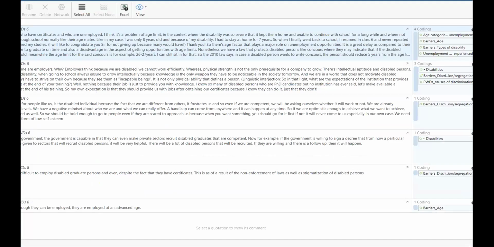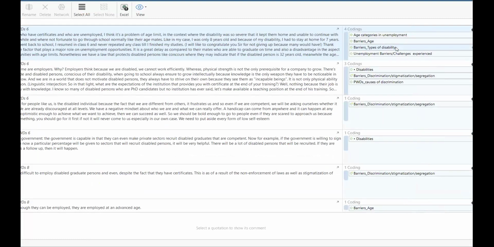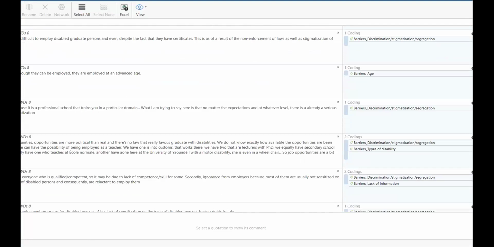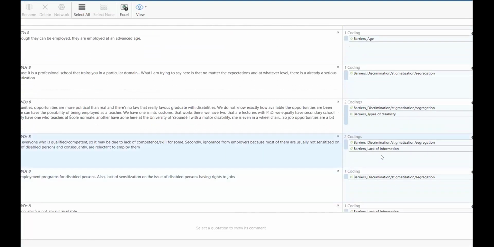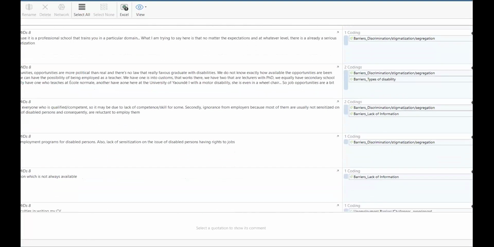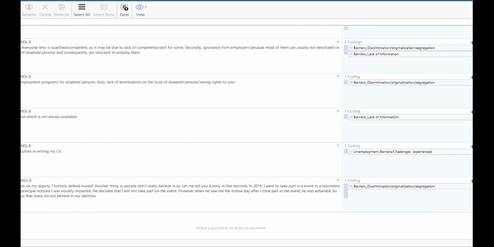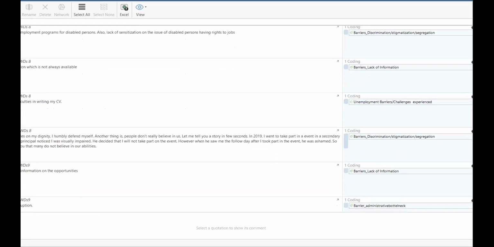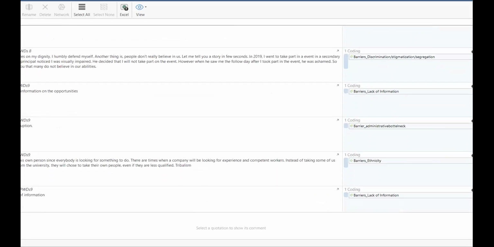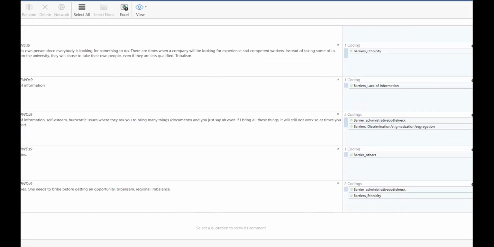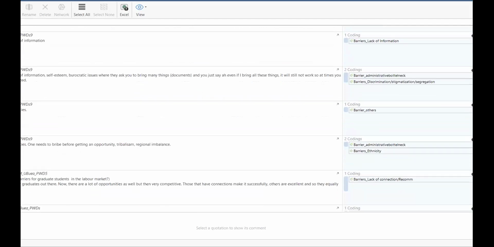of barrier looks like. So under barrier, we have age. If you look here, we have age, we have type of disability, we have unemployment itself as a barrier, we have disability, we have discrimination, we have discrimination again, we have age as a barrier, we have type of disability, lack of information as barrier, challenges experienced, administrative bottleneck, ethnicity as a barrier, others, lack of opportunity, lack of connection.